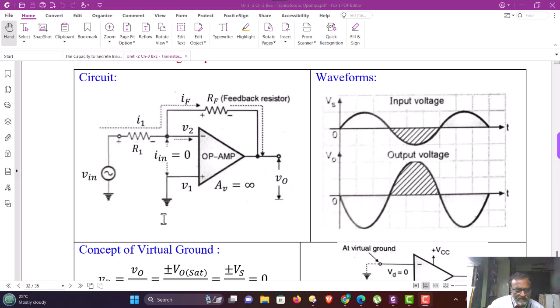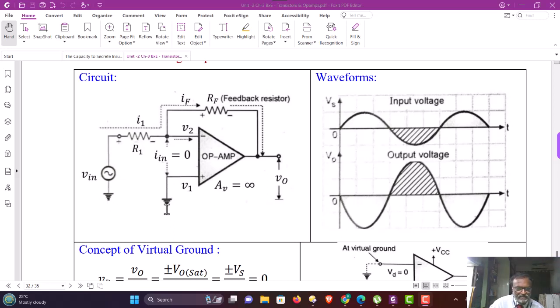And therefore, when V1 is grounded, due to the effect of the feedback components, or negative feedback provided by the feedback circuit, the op-amp output keeps the inverting terminal at the same potential as the non-inverting terminal, so that the effective difference between the inverting and non-inverting terminal voltage is equal to zero.